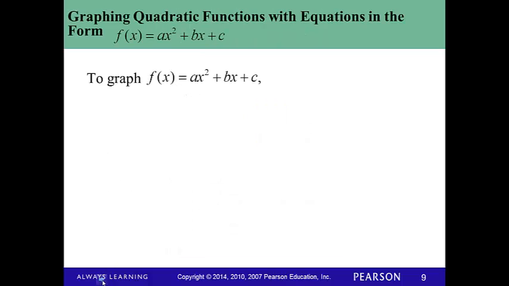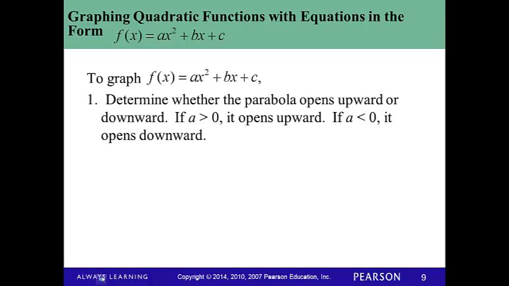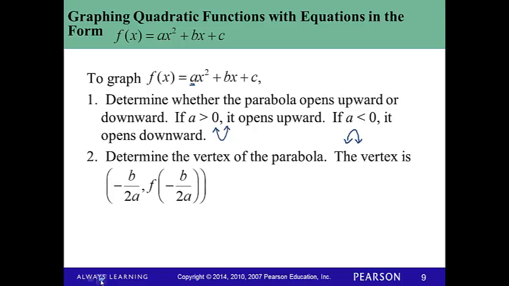To graph f of x equals ax squared plus bx plus c, just like before, the first thing you want to do is determine whether the parabola opens up or if it opens down. If a is positive, then it opens up and it has a bowl shape. If a is negative, it opens down and it has an inverted bowl shape. The second step is to determine the vertex. And like they said before, find the x by doing negative b divided by 2a.